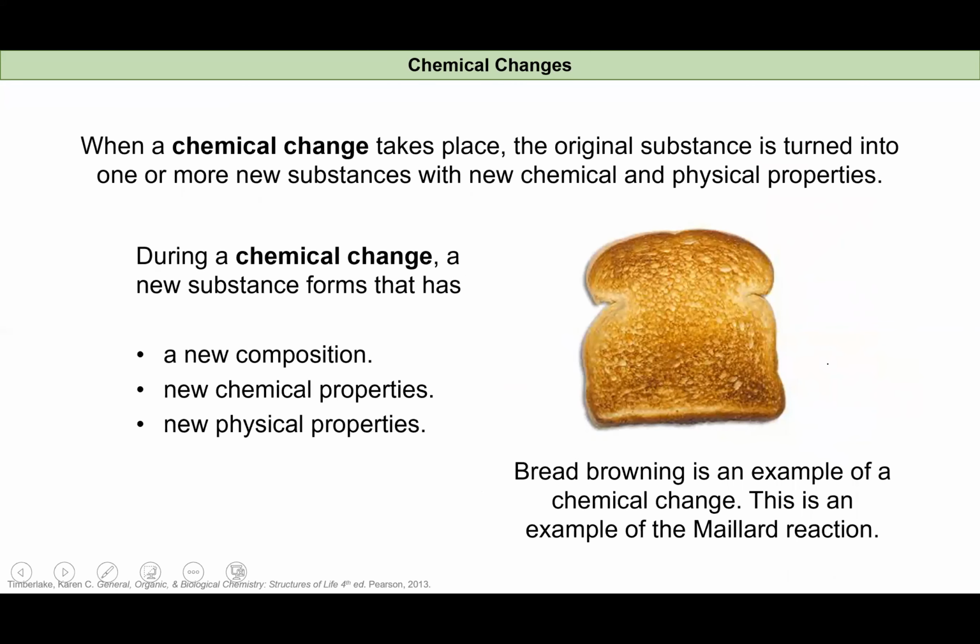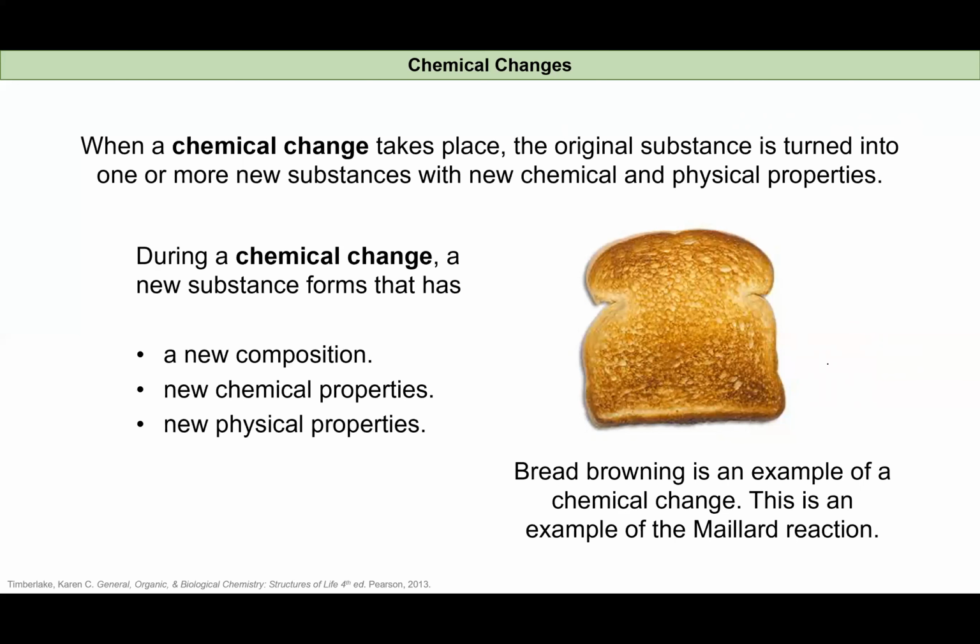When a chemical change is taking place, an original substance is actually turned into a new substance. And that new substance is going to have new chemical and physical properties. So you might see things like the freezing point of your new substance be different than the freezing point of what you started with. Or in this case with toast, we put white bread into a toaster and it undergoes the Maillard reaction and it browns.